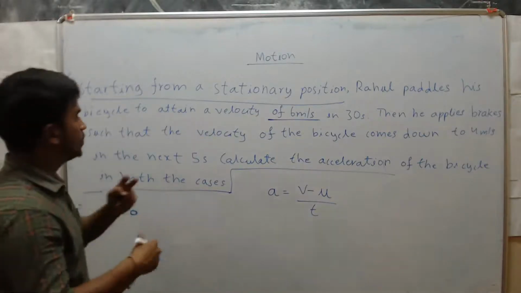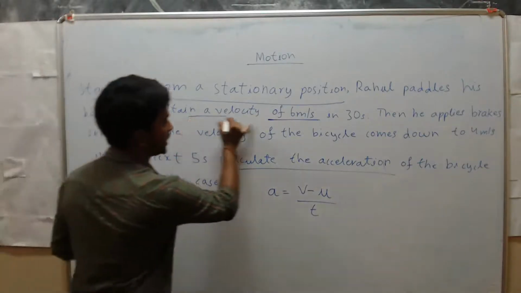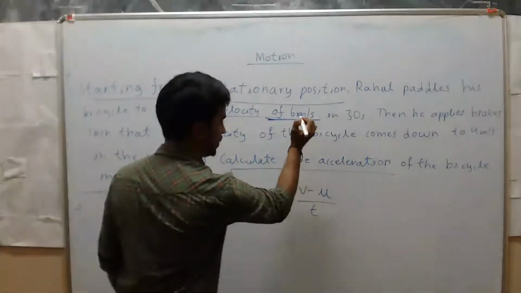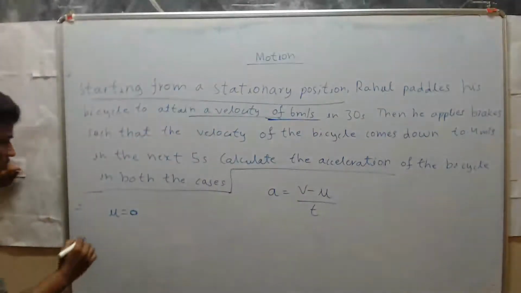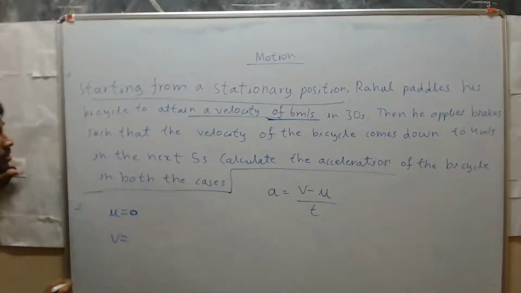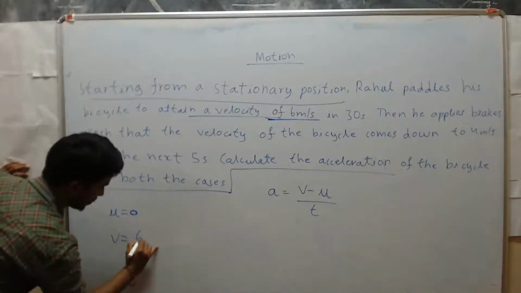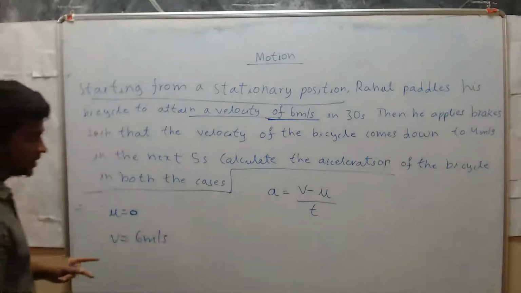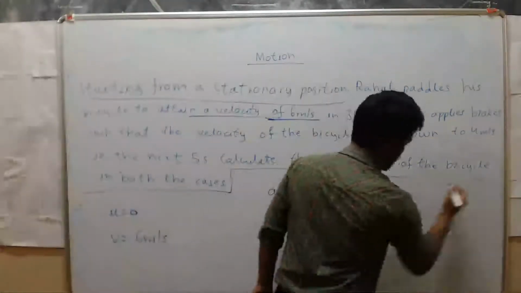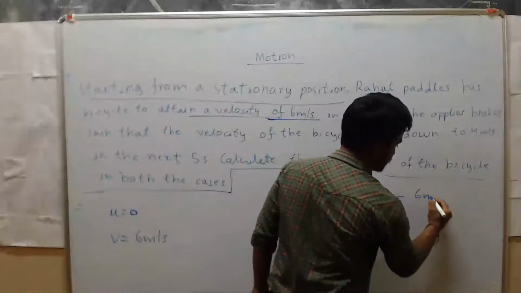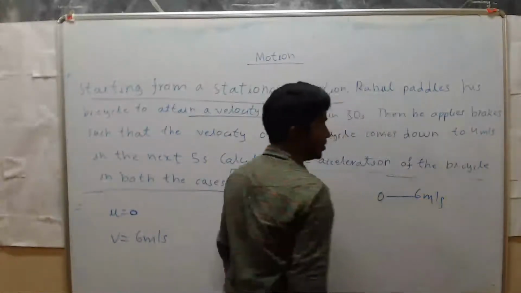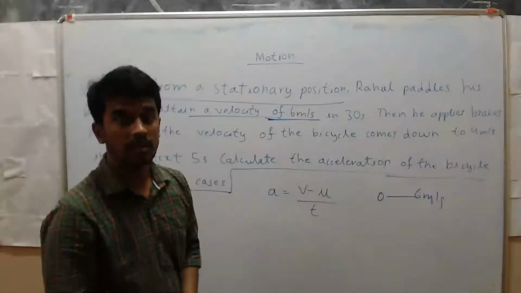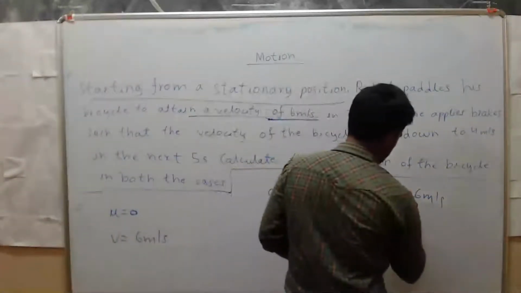Next, Rahul pedals his bicycle to attain a velocity. It gains some velocity, right? So now this 6 meter per second is the final velocity. So V is equal to 6 meter per second. What is the time here? Velocity changes from 0 to 6 meter per second in 30 seconds.